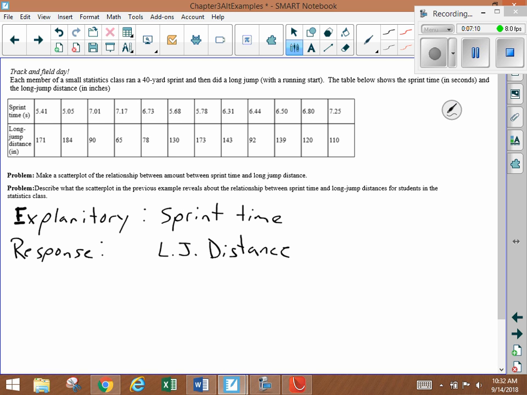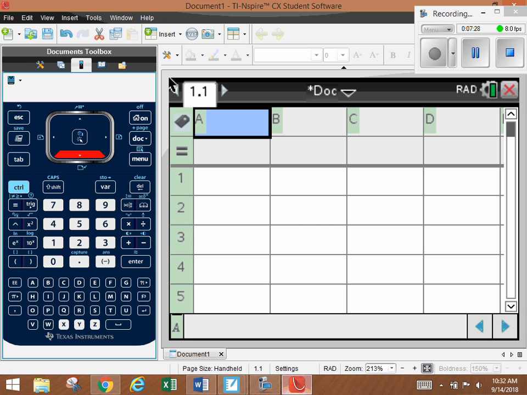And furthermore, I'm confident that you all would choose the right scale. So let's go ahead and make this thing. All right. Sprint time, long jump. Let's call this sprint time. What's your long jump? What's your 40 speed?